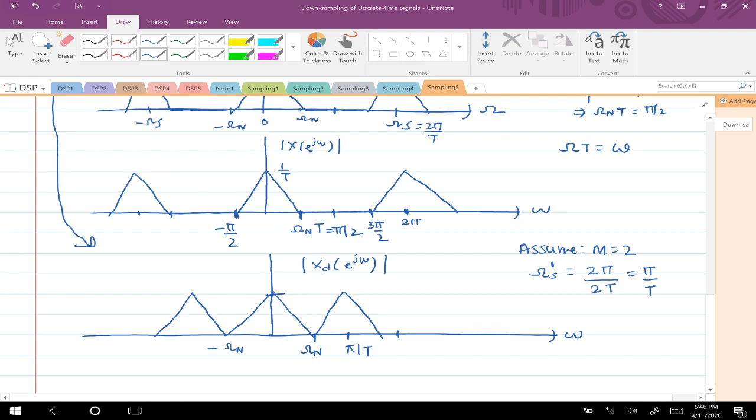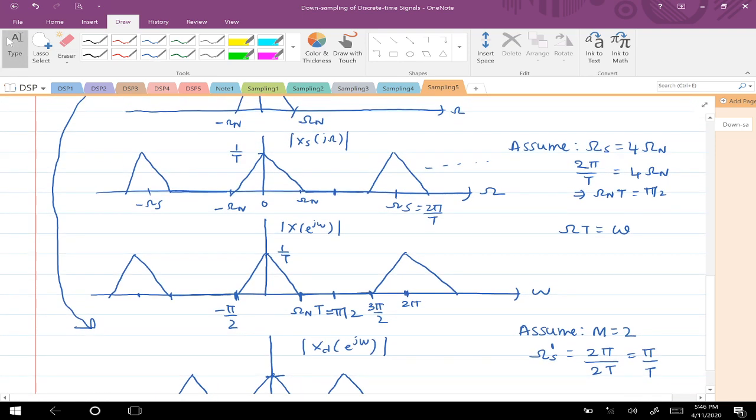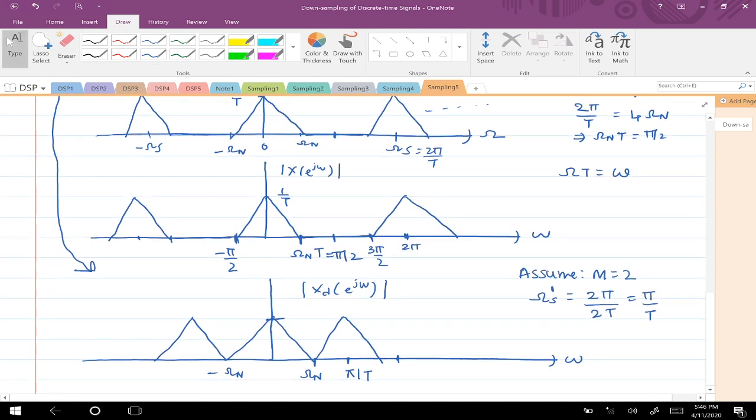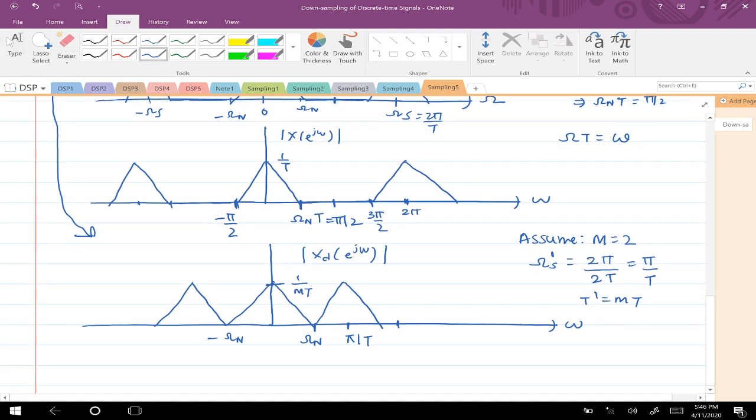What about this magnitude? When the sampling is T, it is 1 by T. Now this is equivalent to having a sampling rate of MT. So this magnitude will be equal to 1 by MT, correct? And of course then this is equal to minus pi by T, and so on.